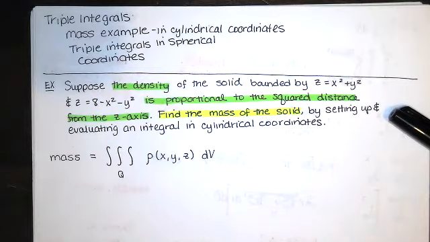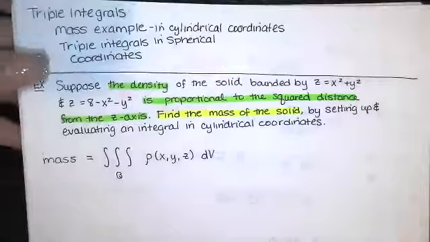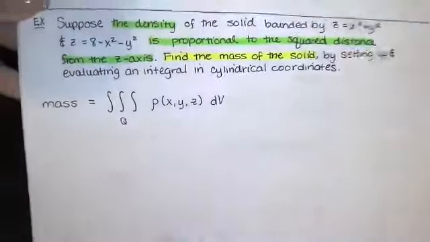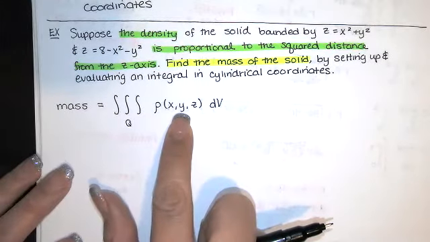Now this is a little bit contrived, because on the z-axis there is no distance from the z-axis, so it has zero density there, so it really doesn't make sense. But this is enough information for us to write down the density function.